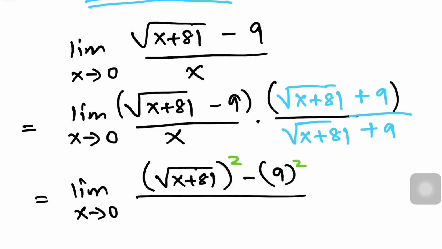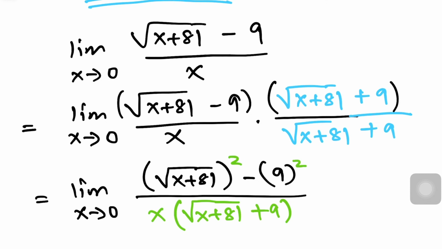So we just applied the difference of perfect squares formula. I already talked about it. So it's a plus b times a minus b equal to a squared minus b squared. Now in our denominator we have x times square root of x plus 81 plus 9.